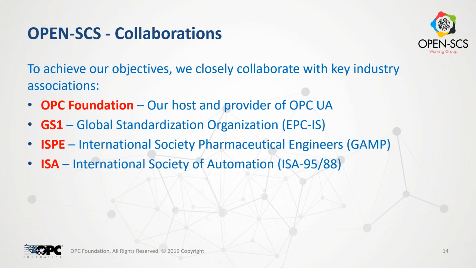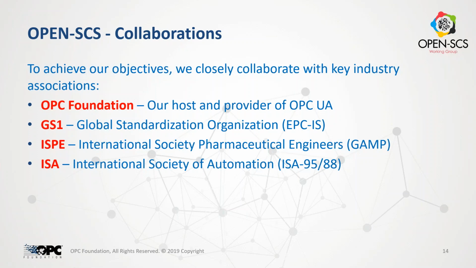which are the standards that are used inside the supply chain to pass information back and forth. We're working with ISPE to make sure that what we're developing is consistent with the GAMP standard, the generally accepted manufacturing processes, such that when you put these systems in place, you will be able to validate them and make sure that they are running correctly.